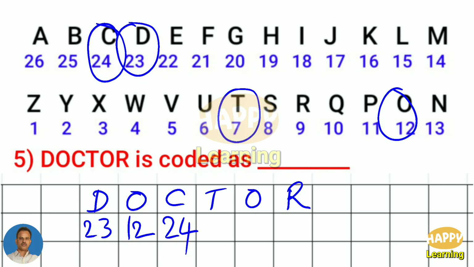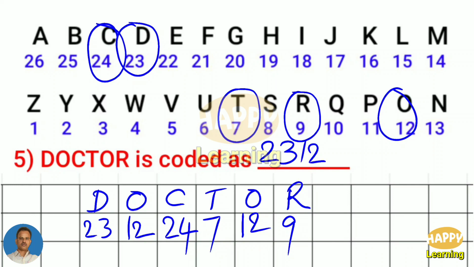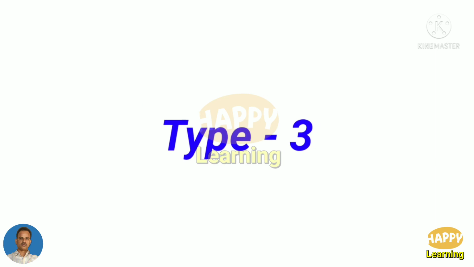T is coded as 7. O is coded as 12. R is coded as 9. Therefore, the code for doctor is 2312247129. Okay, right.